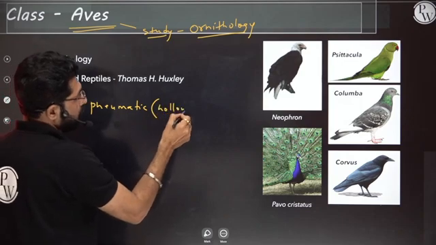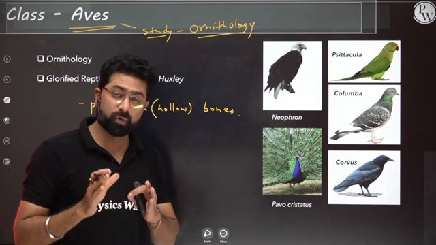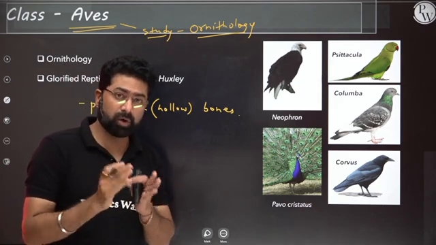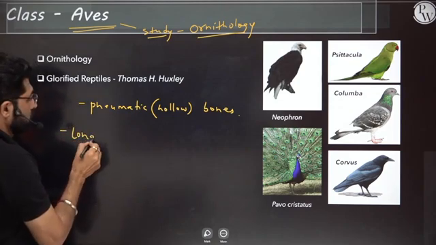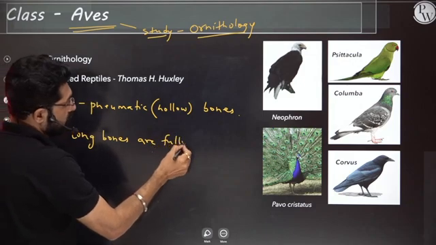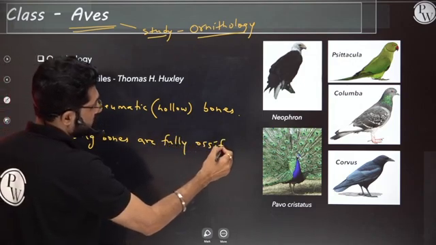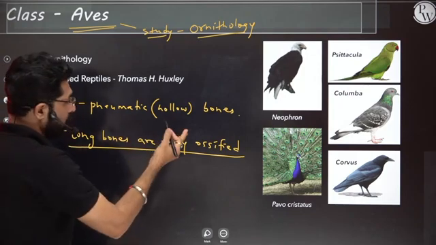Pneumatic means hollow bones. But their bones are fully ossified. Don't think that bones are not ossified. The long bones are fully ossified, but hollow.